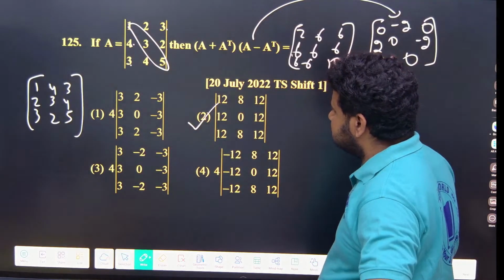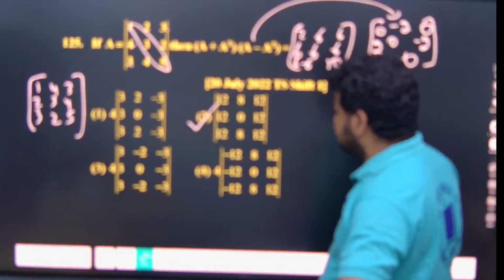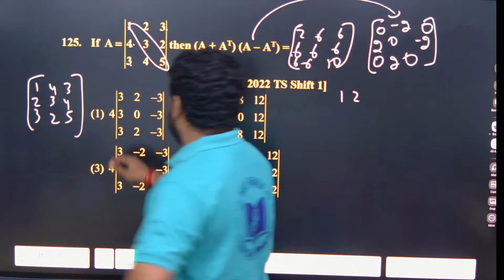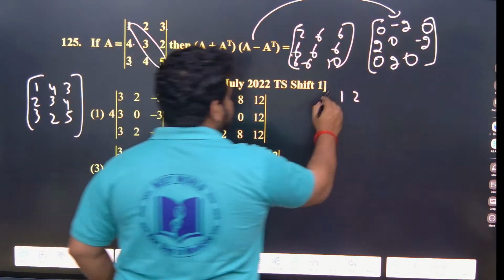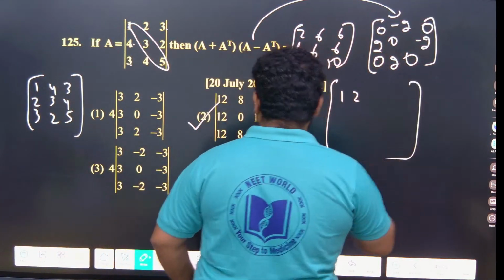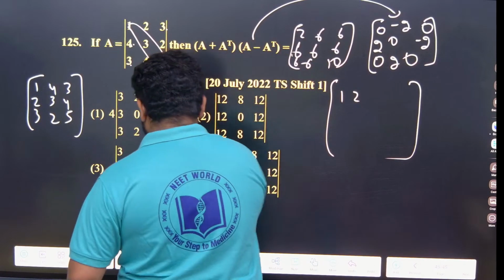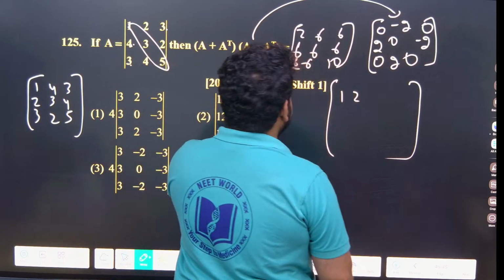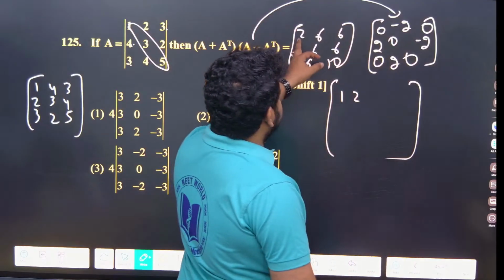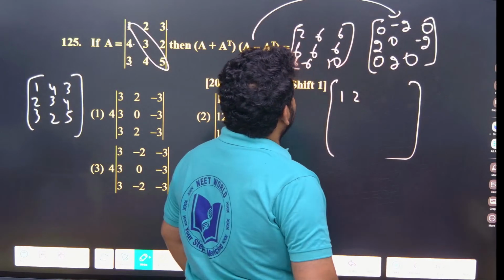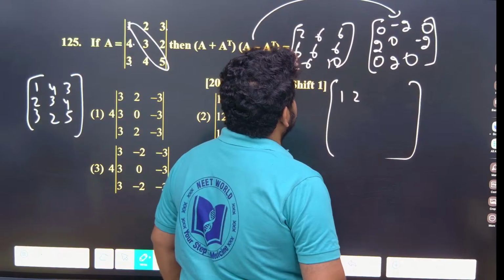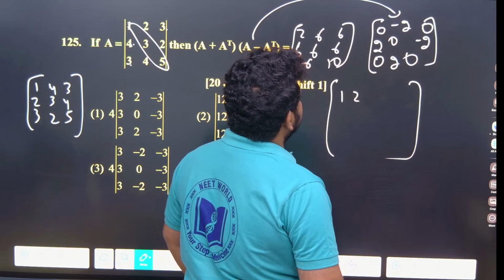First option? Third option is there. Let us see. 4 is there. I did not see 4 here. So we will go for the second element, first row, second column. 2 2s are minus 4. 6 0s are 0 and 6 2s are 12.